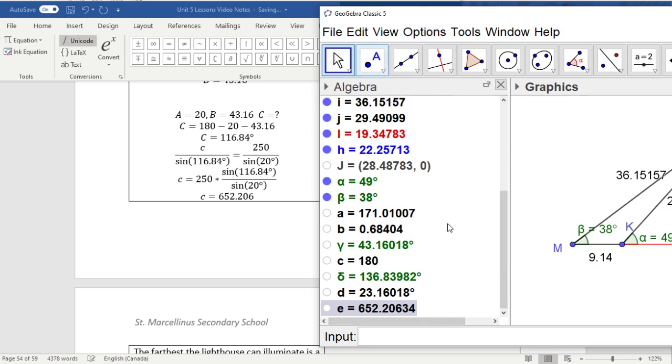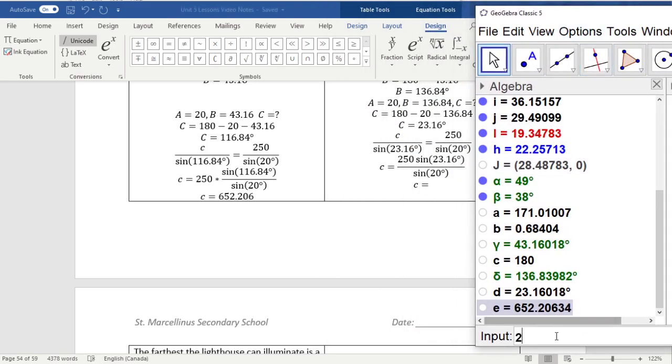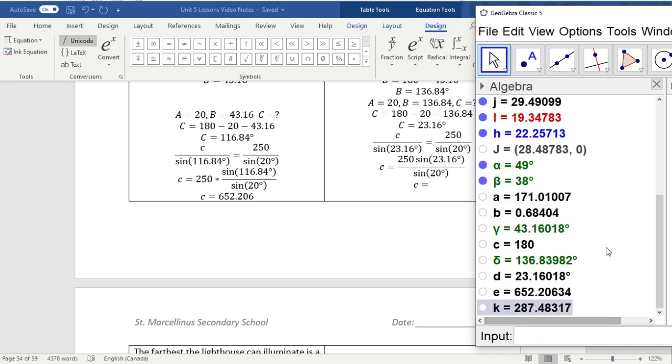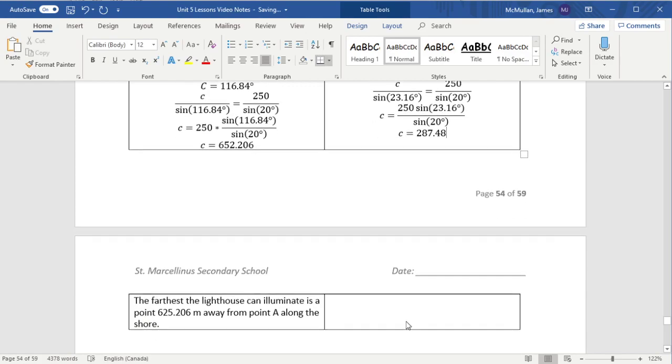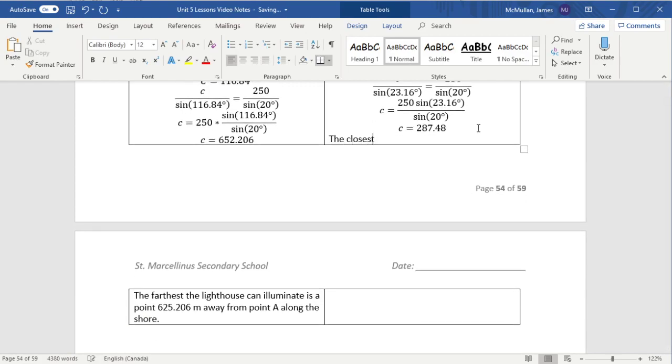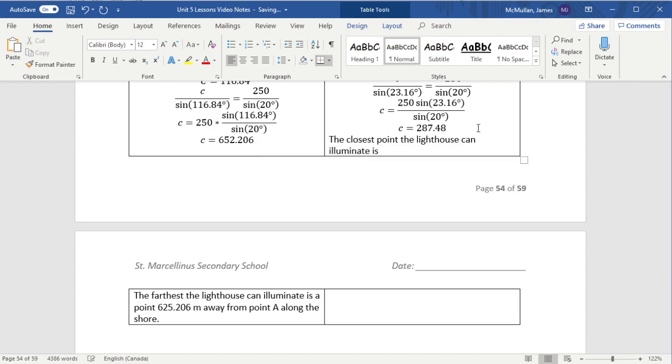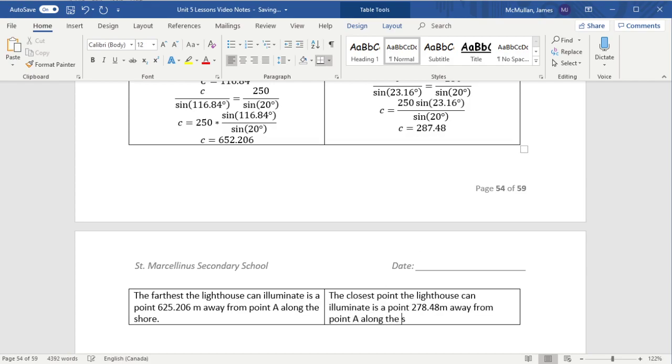So again, just calculating here. 250 times sine 23.16 divided by sine 20, 287.48. What does this mean? The closest point the lighthouse can illuminate is a point 287.48 meters away from point A along the shore.